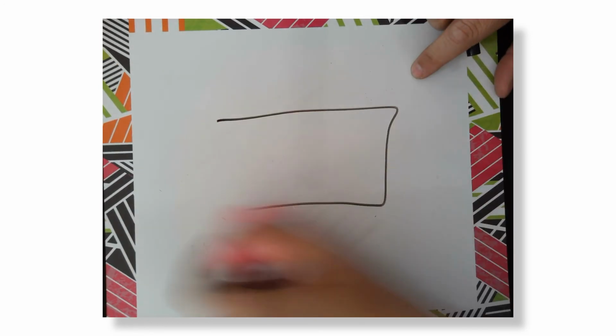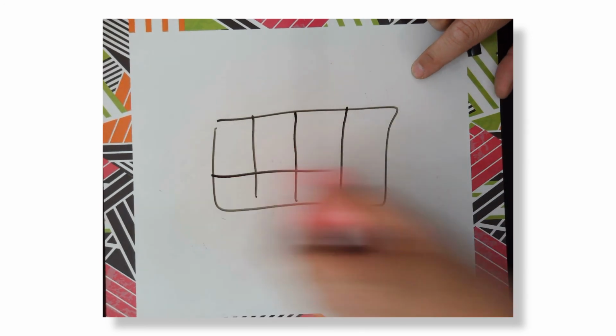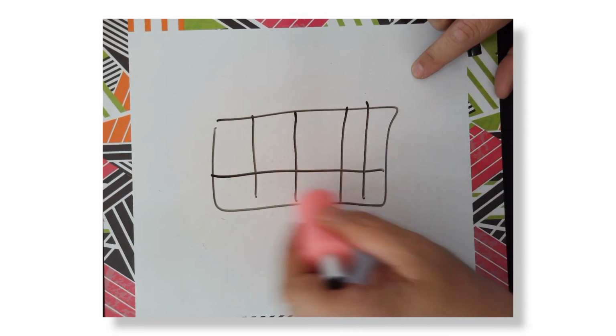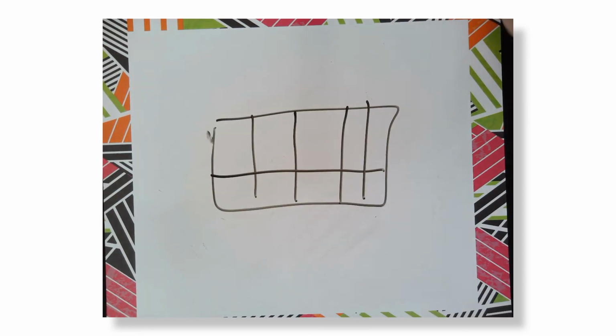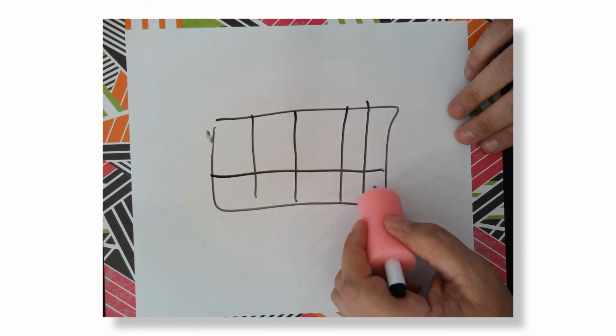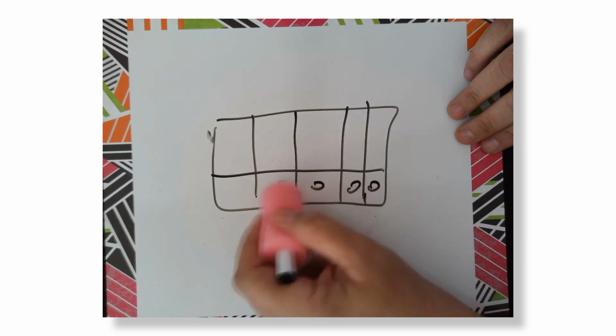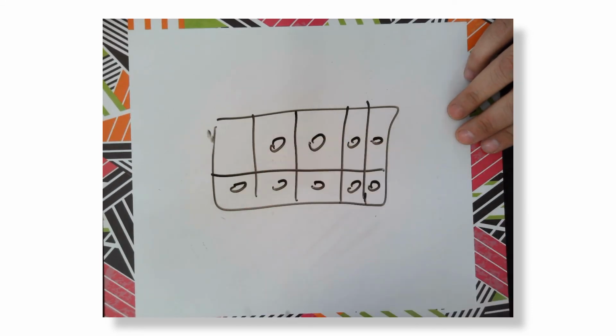It's also great for math just because it's a wipe off. So if I was going to make a 10 frame, right? And I say that there are 9, can the student then show me 9, right?